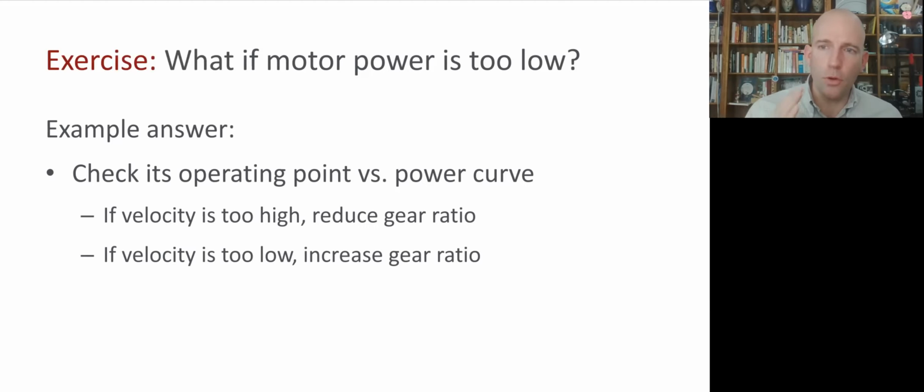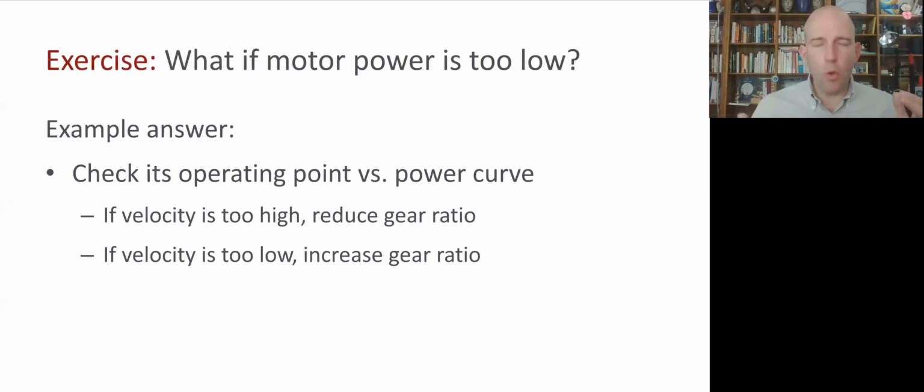And that would move it towards the peak power operating point. If the velocity was too low, that means there's too much torque on the output shaft of the motor. And if you increase the gear ratio, then for the same gearbox output, you'd get less torque on the motor, and the motor would be able to spin faster.